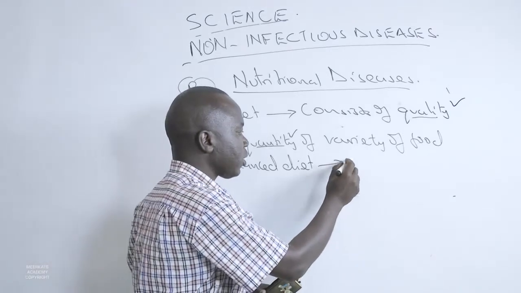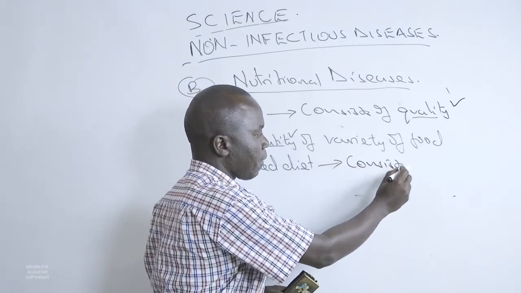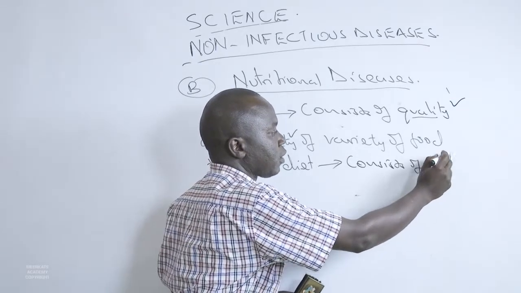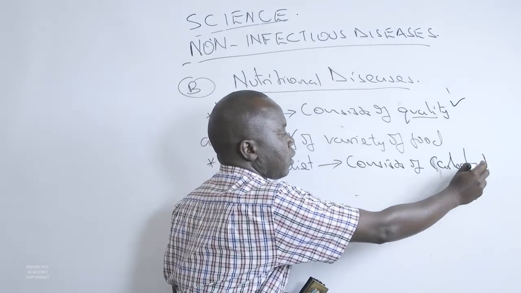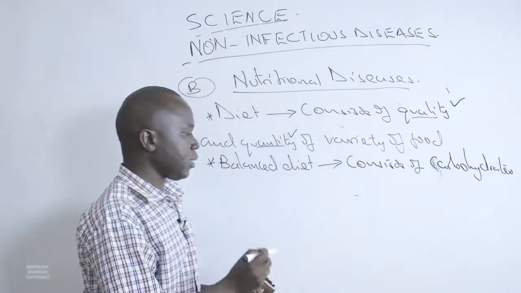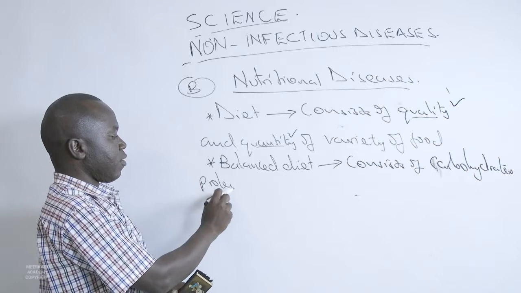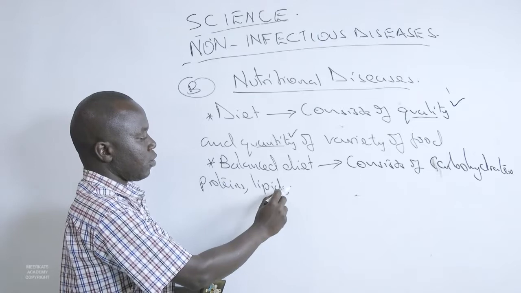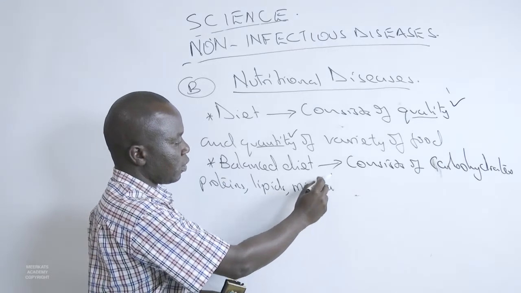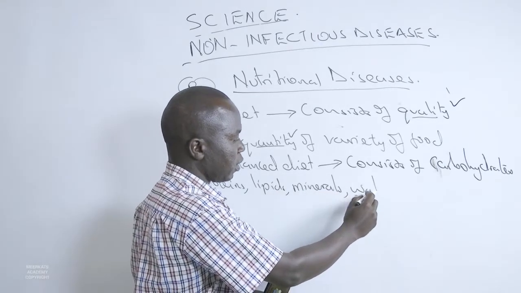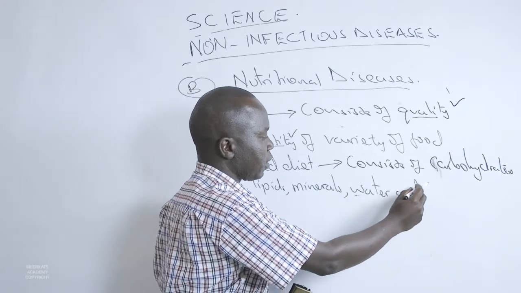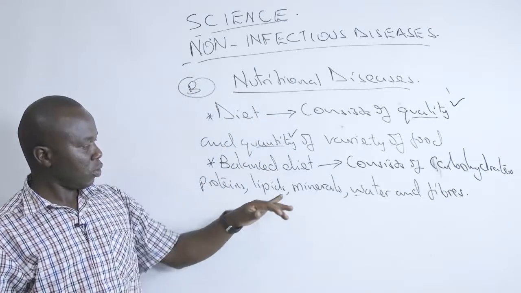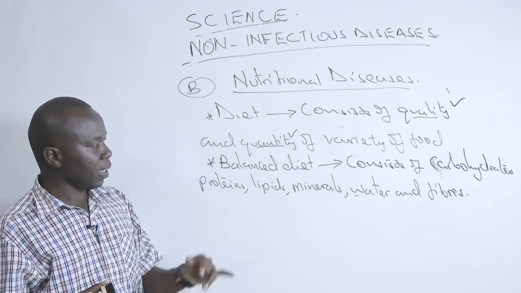A balanced diet consists of carbohydrates, it should have proteins, lipids, minerals, water, and fibers. I hope you know the role of each of the food in the balanced diet.